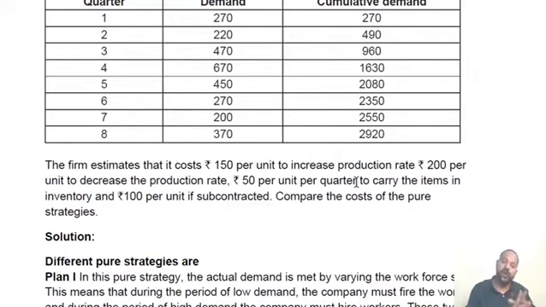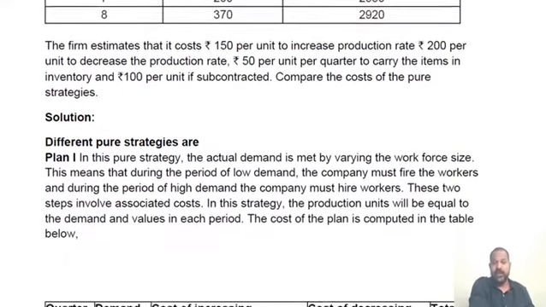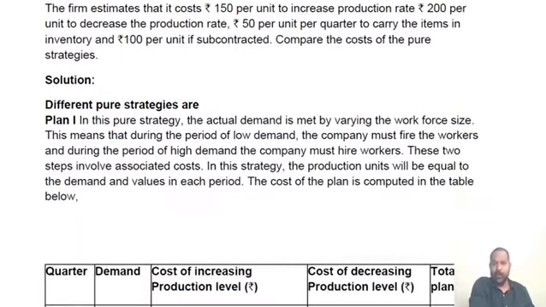And rupees 100 per unit if subcontracted. So if I am going to subcontract, then I am going to pay rupees 100 per unit. Okay, the question is, compare the cost of pure strategies. Fine. You are telling me to do this in pure strategies and then compare the costs.